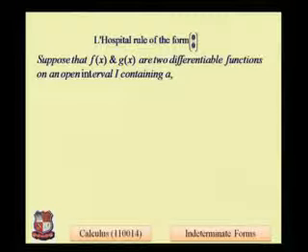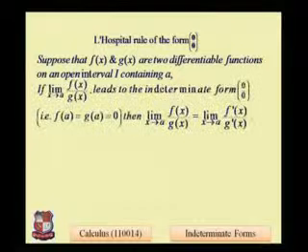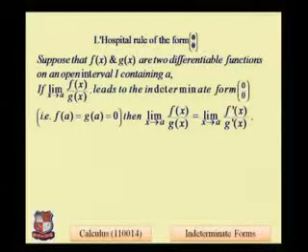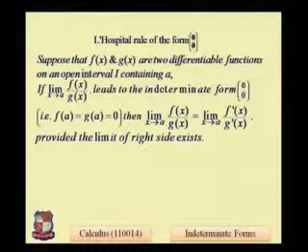Now let f(x) and g(x) be any two differentiable functions on some open interval I which contains a. If limit x tends to a, f(x) upon g(x) leads to the indeterminate form 0 by 0, that is when x tends to a, f(a) and g(a) both approach 0, then limit x tends to a, f(x) upon g(x) is equal to limit x tends to a, f dash of x upon g dash of x, provided the latter limit exists.